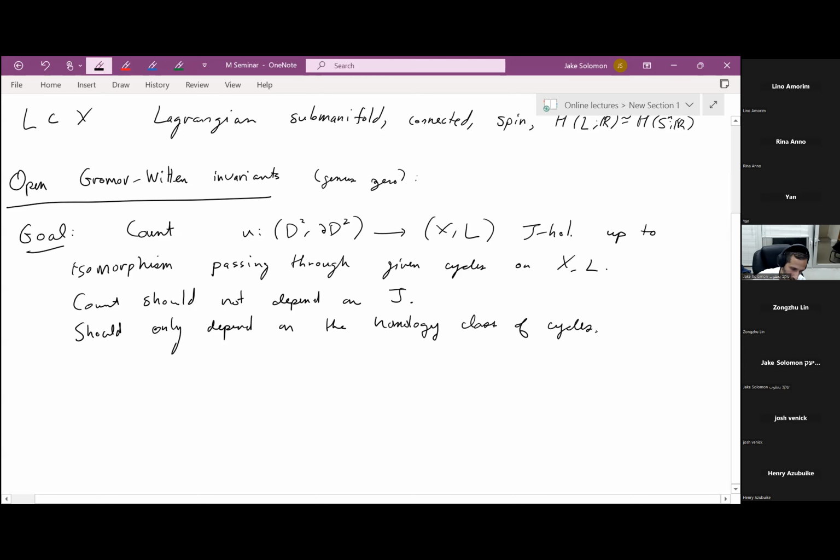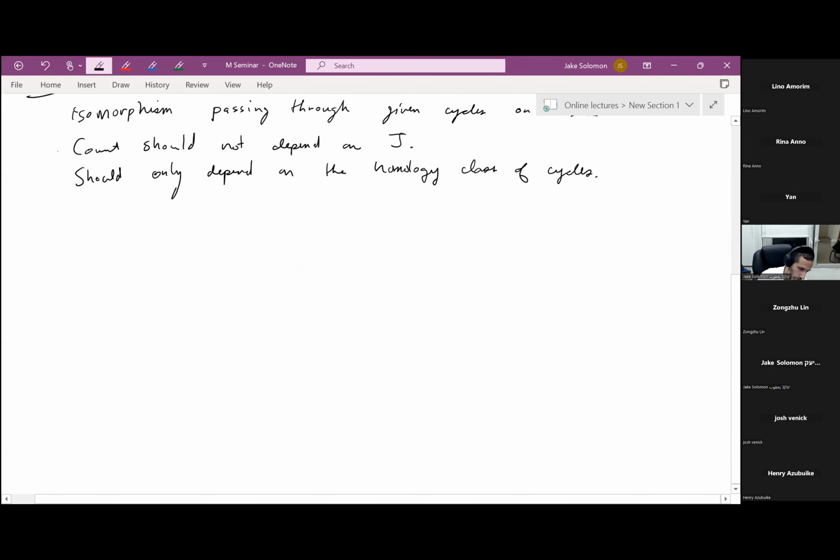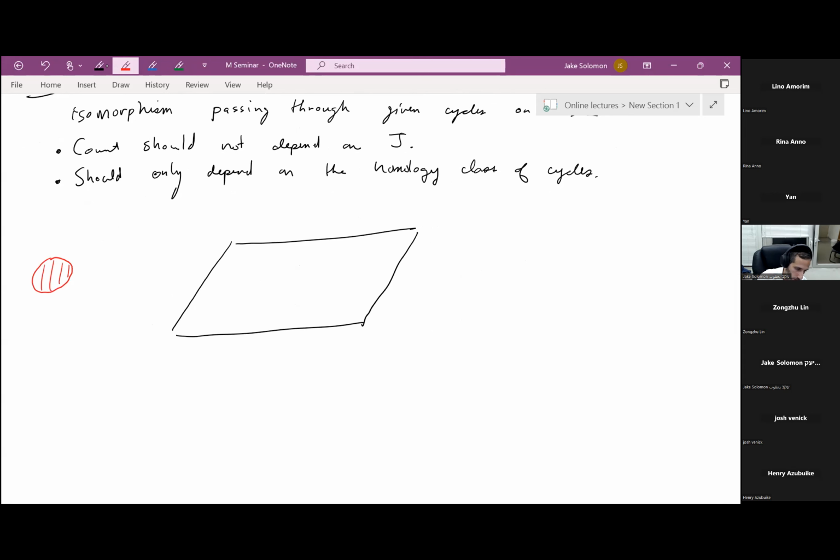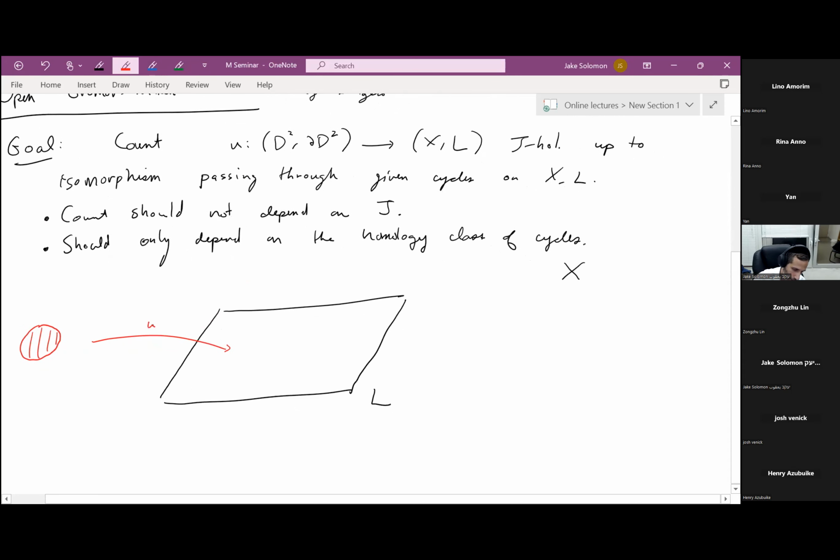Okay, so a schematic picture would be that you have here a disk. This is the Lagrangian submanifold, and this whole notebook is the symplectic manifold. And then we'd like to consider some maps u, and the image will look something like this.